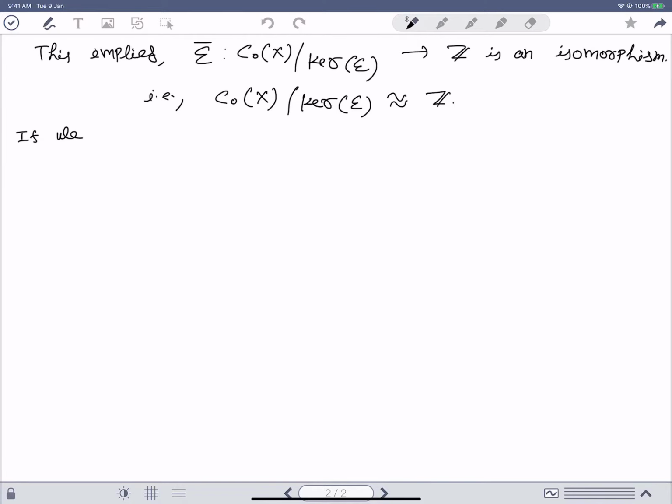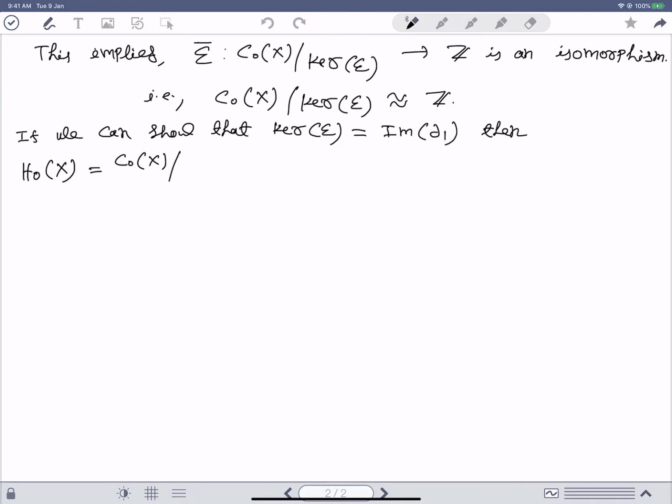Now, if we can show that the kernel of epsilon is the same as the image of del 1, then we have that H0 of X, which by the definition is C0 of X quotient with the image of del 1, would be C0 of X quotient with the kernel of epsilon, and we have already proved that this is isomorphic to Z. That means to prove that H0 of X is isomorphic to Z, it is sufficient to prove that the kernel of epsilon is equal to the image of del 1.